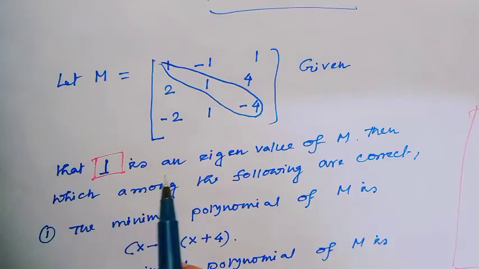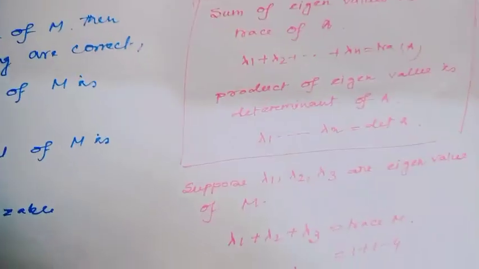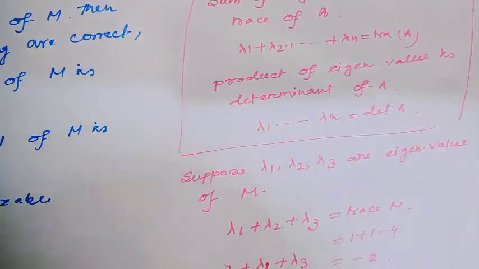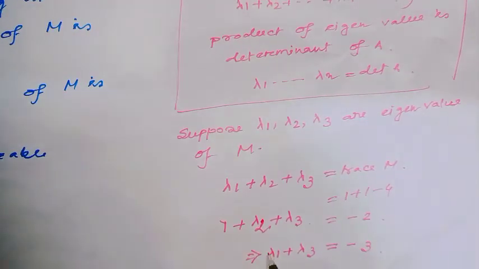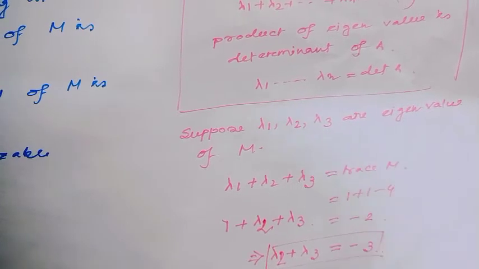Since 1 is given as an eigenvalue, lambda 1 would be 1. That means 1 plus lambda 2 plus lambda 3 equals minus 2, so lambda 2 plus lambda 3 equals minus 3.